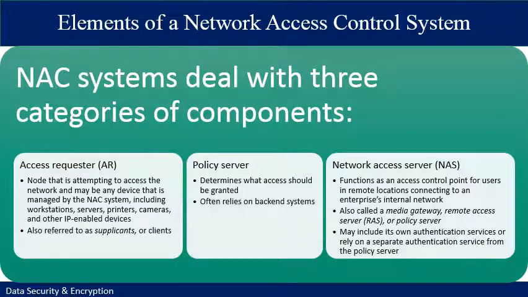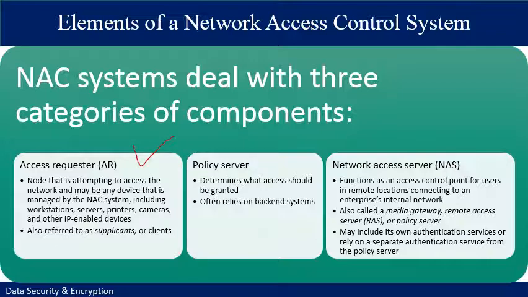There are certain elements of network access control, and network access control deals with three categories of components. The first component is the main component of network access control, which is referred to as AR or access requesters.